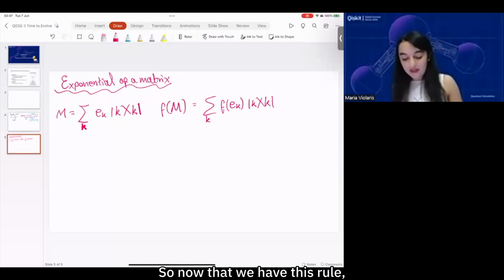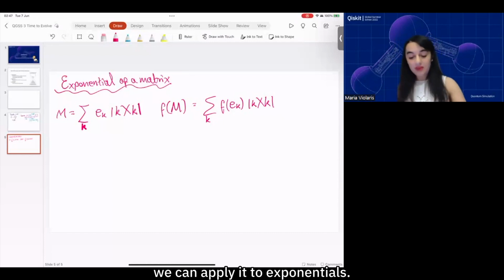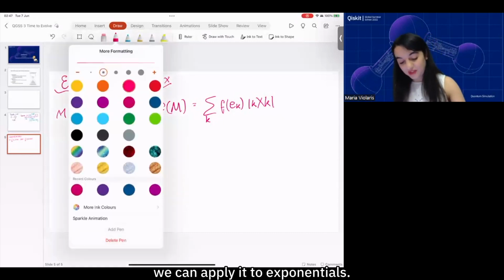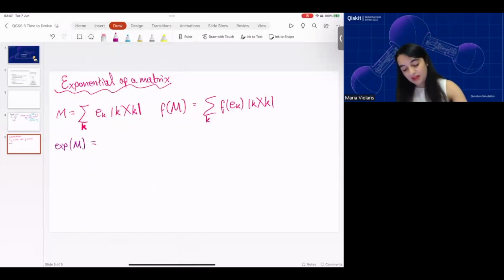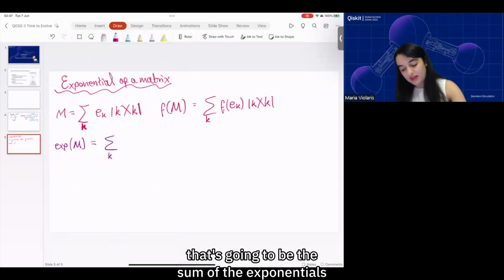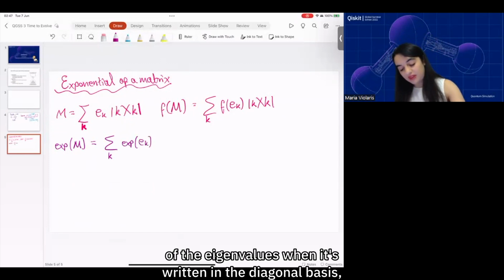So now that we have this rule, we can apply it to exponentials. So let's say we want to work out the exponential of M. That's going to be the sum of the exponentials of the eigenvalues when it's written in the diagonal basis.